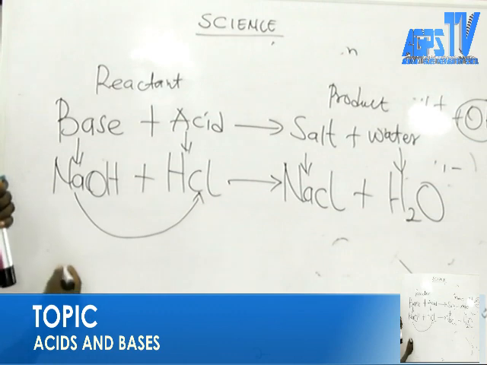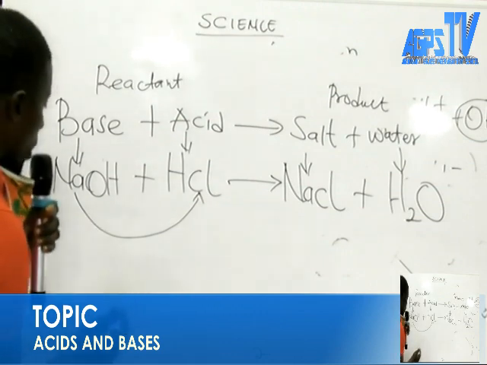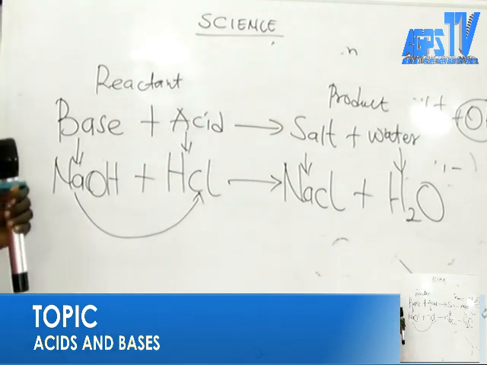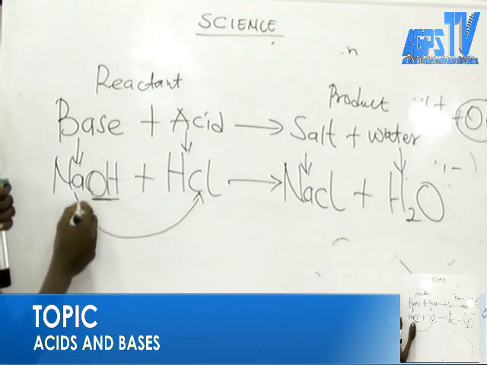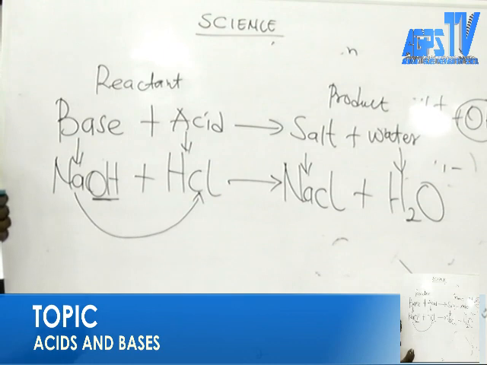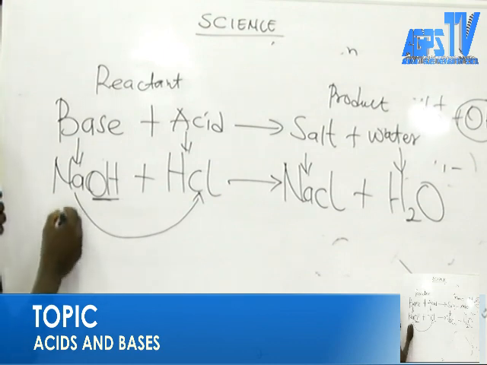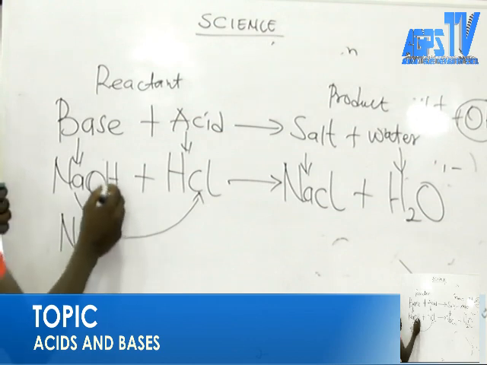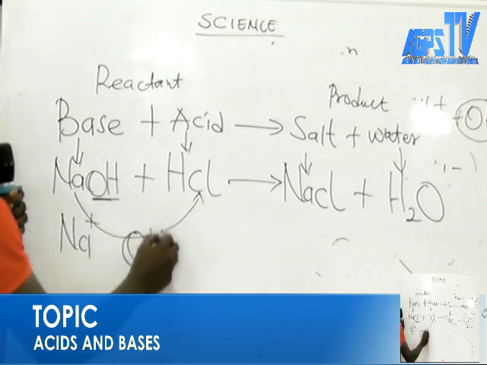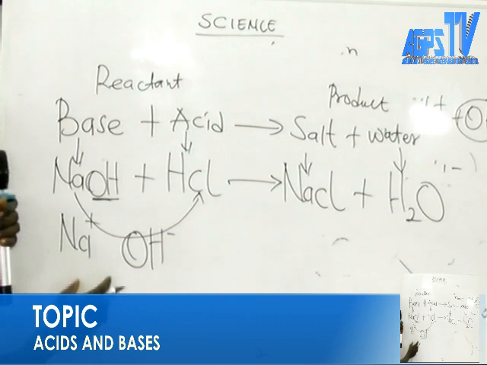So we have sodium hydroxide. I told you that a base is a substance that produces hydroxide ions when dissolved in water. So this is the hydroxide ion. If you separate them, let us write down the ion formation. This one is the cation, and OH is the anion. So these are their ion formations.